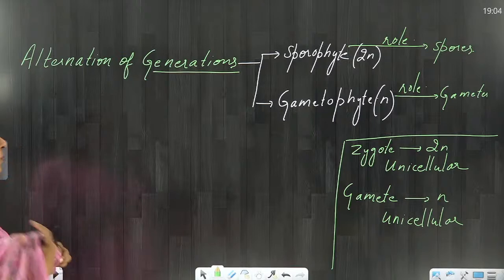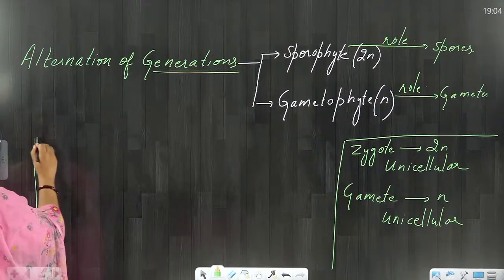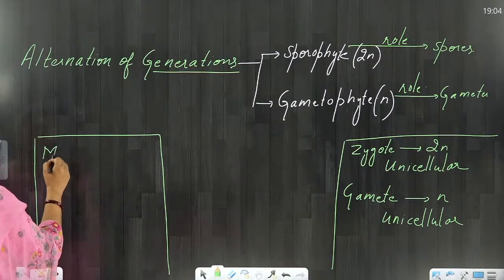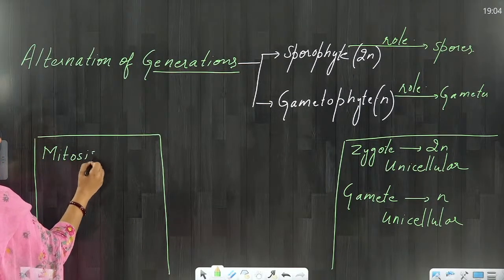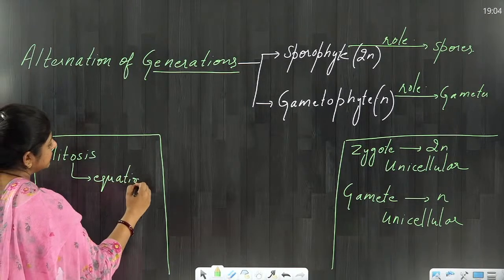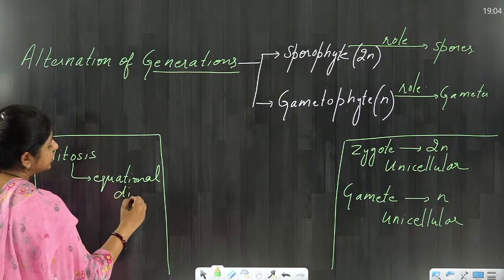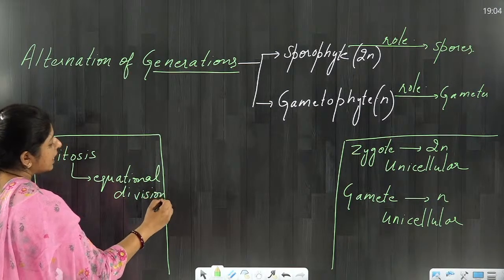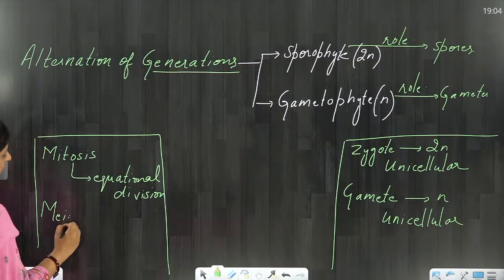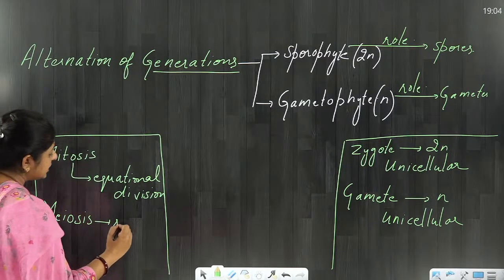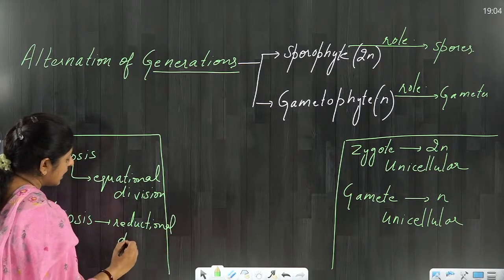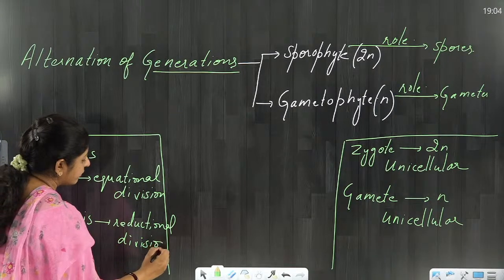Next thing you must know, if I am taking the divisions, can I say mitosis is there as a cell division, which you call as equational division. Equational division means their chromosome number remains the same, and meiosis you call as reductional division, where chromosome numbers are going to reduce to half.